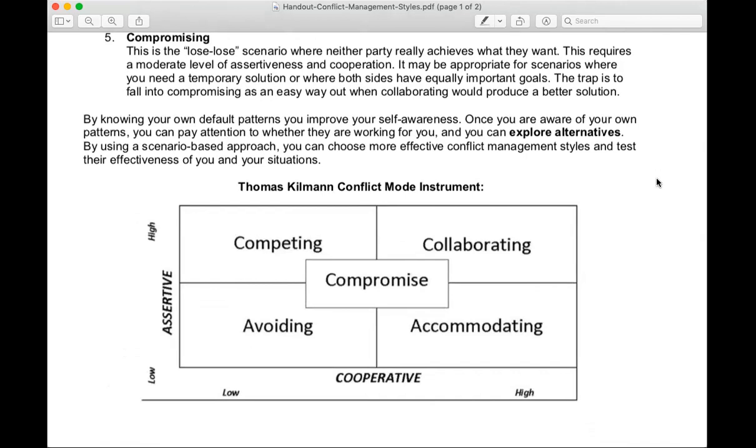When you are thinking about just yourself and not anyone else, you're in the competition zone. When you are low in thinking about yourself, but highly think about others, you're accommodating. When you're high on both sides, thinking of yourself and others, you collaborate. That's the win-win situation. And then when it's just in the middle, it's compromise.